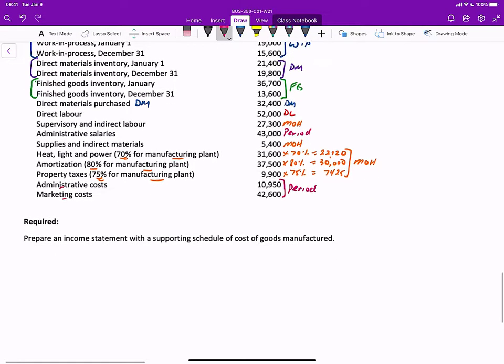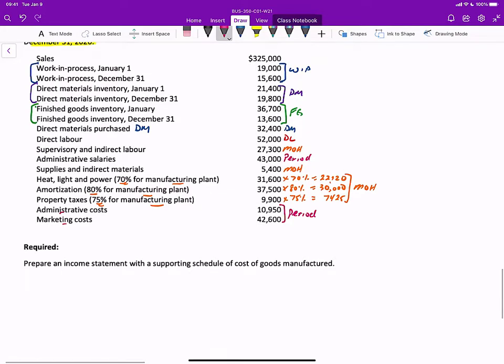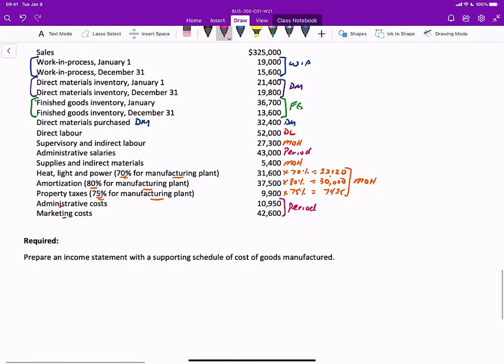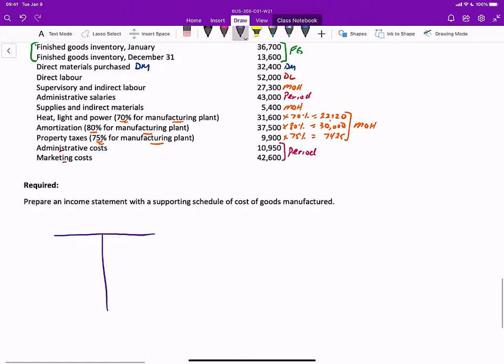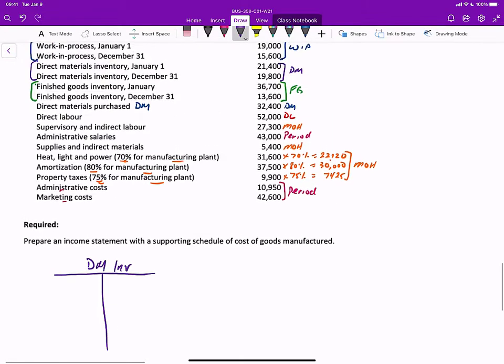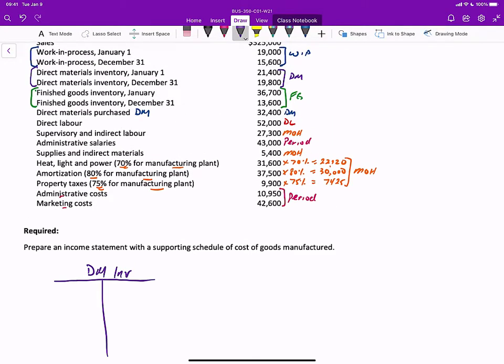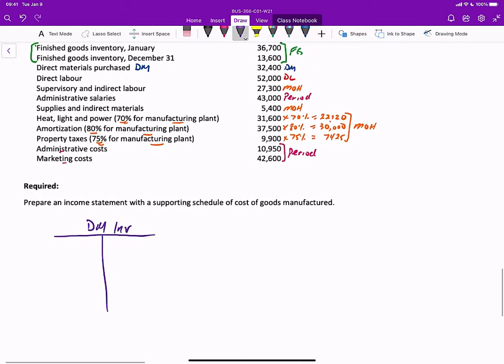So what we can do first is illustrate using T accounts how all of this works and how the cost flows work, and then you'll have all the information you need to prepare a formal schedule of cost of goods manufactured or income statement. So we're going to have 3 T accounts. Direct materials, DM inventory, has a beginning balance of $21,400 and an ending balance of $19,800.